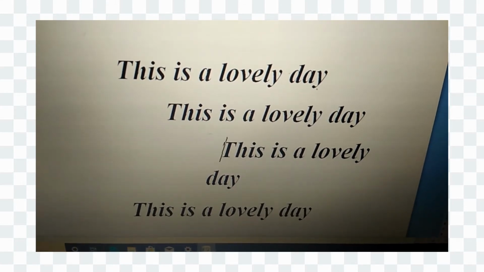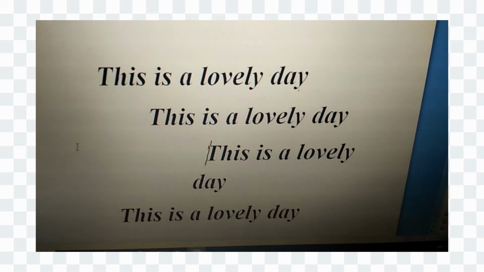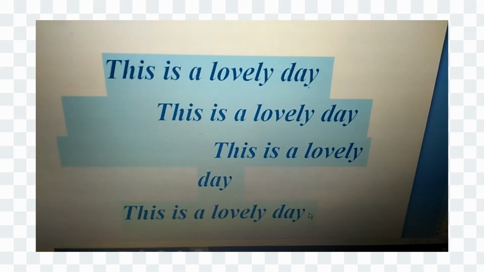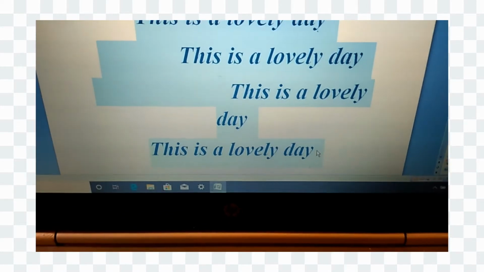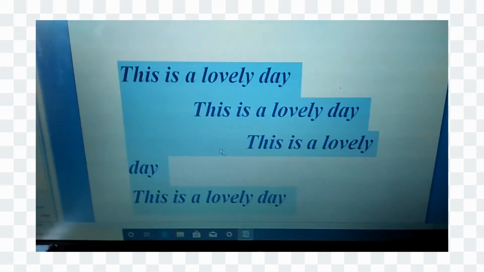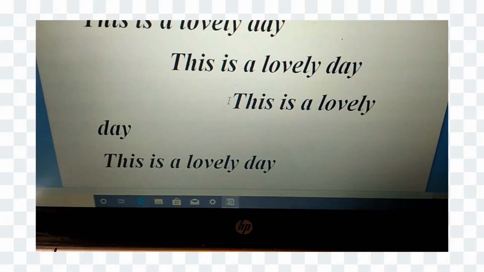So we're going to look at the function of Ctrl J. What can Ctrl J do for us? If I highlight all this text and press Ctrl plus J, Ctrl plus J, it was supposed to arrange my text all on the same line.